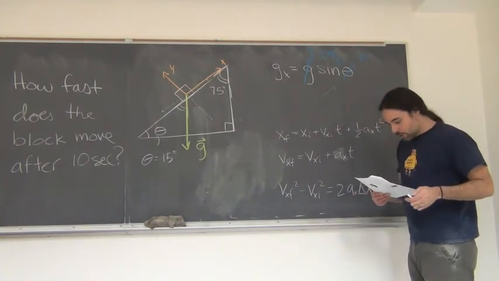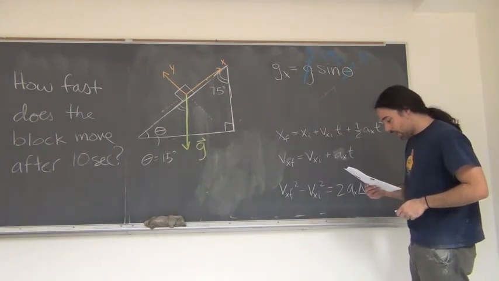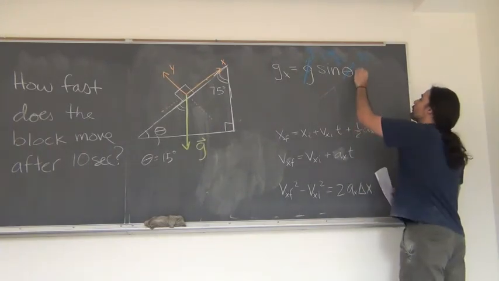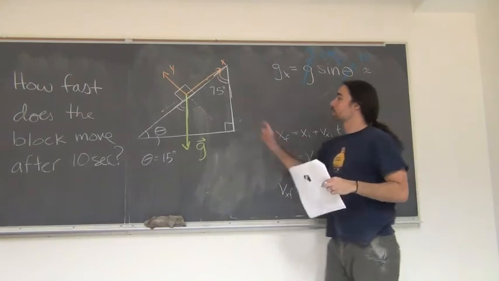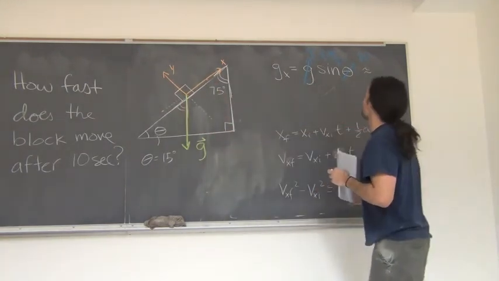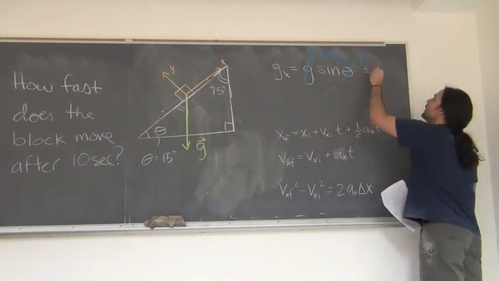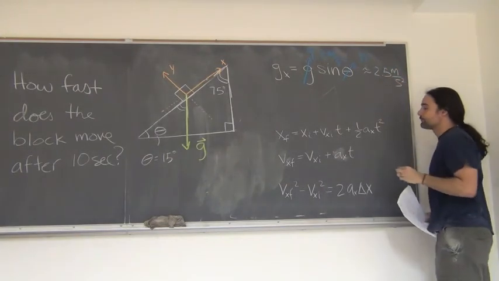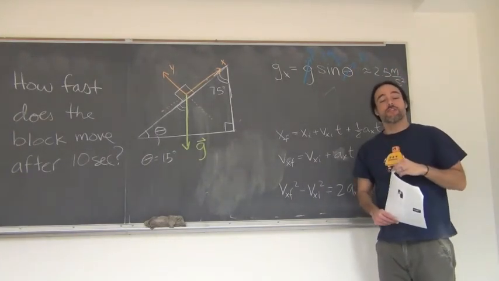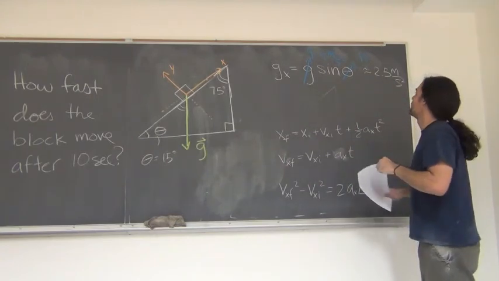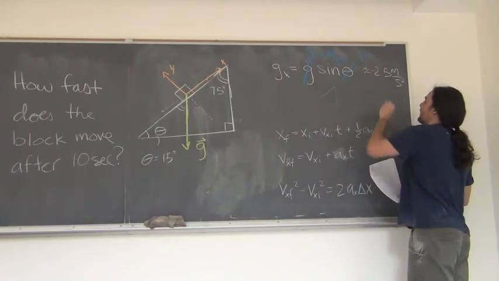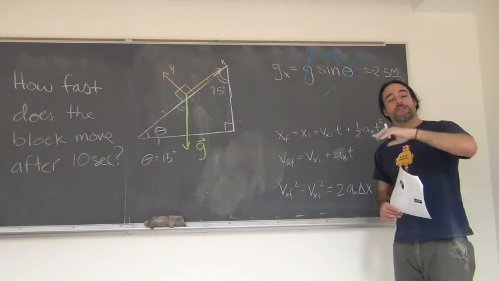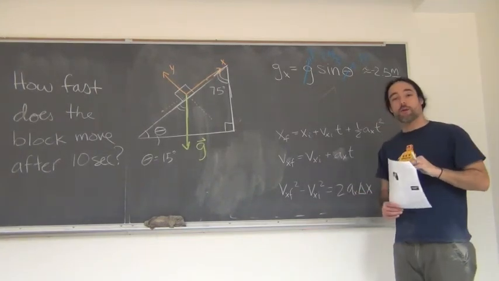Plugging those numbers in, you should get that the acceleration of gravity along the ramp for the block sliding down the ramp should be about 2.5 meters per second squared. And it will be negative since it's moving in the negative x direction. So I'm just going to put my negative sign in front there to remind myself that it's going to be negative when I plug it into my equation.